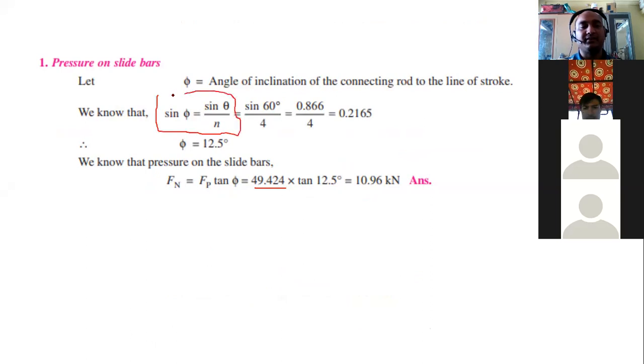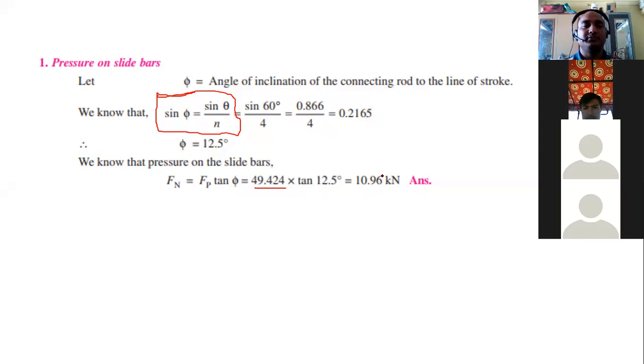Always remember this equation because this is a very, very standard equation in the single slider crank mechanism. There is always a relation between phi and theta. Phi is the angle of the connecting rod at the piston, and theta is the angle of the crank with IDC. So from this equation we can easily find out phi. Put phi here, you will get Fn.